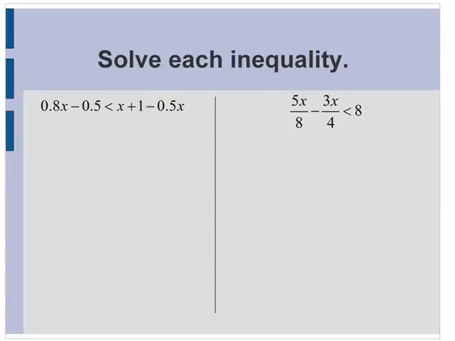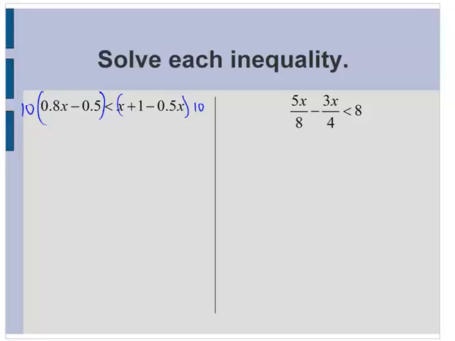So as before, if we have decimal or fractional coefficients, we can use certain techniques to help simplify the process a little bit. I have the inequality 0.8x minus 0.5 is less than x plus 1 minus 0.5x. I can multiply both sides of the inequality by 10.